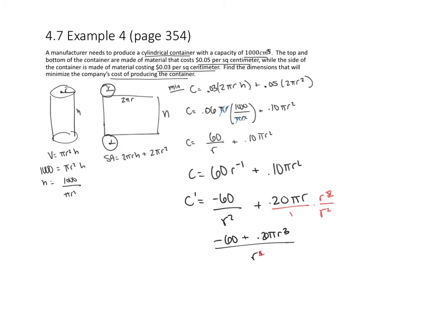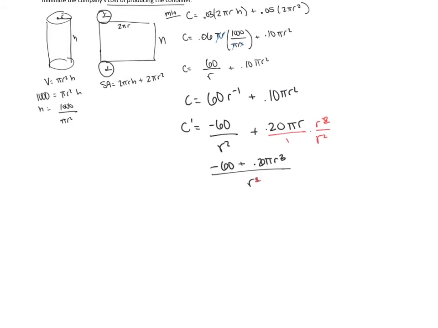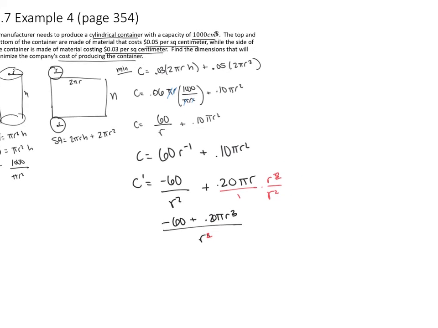And now we'll set my numerator equal to 0 and then my denominator equal to 0. So negative 60 plus 20 pi r cubed equals 0 and r squared equals 0. So we can have a radius of 0, which doesn't really make a ton of sense. That wouldn't really be a cylinder.